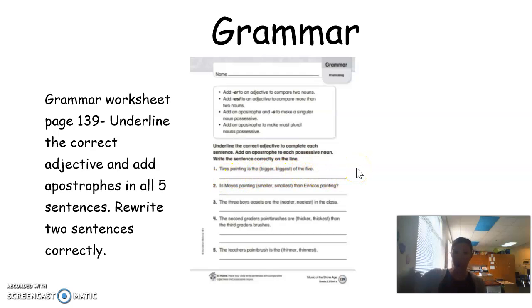Underline the correct adjective, bigger or biggest, and then you're going to go back and find that plural possessive or singular possessive, okay? Tim's painting, decide. Where's the apostrophe going to go? Before the S or after the S? Is there one Tim? Or are there lots of Tims?